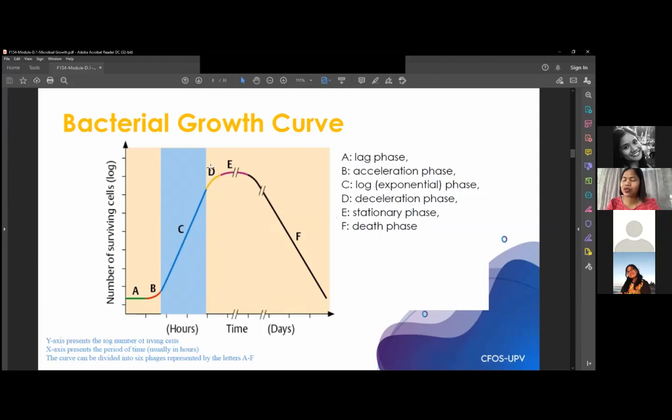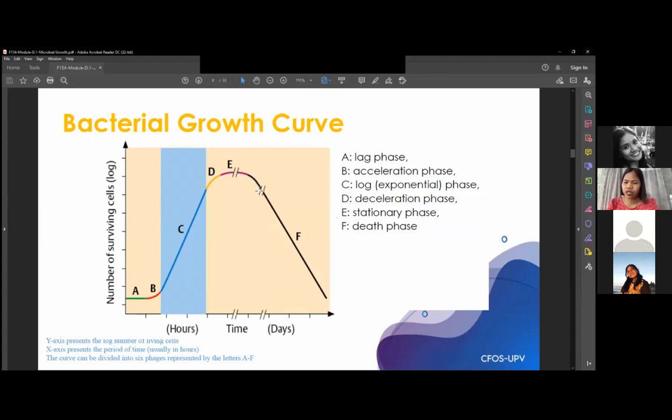So there is still a net growth, but some of the microorganisms are already starting to die. And yung E na graph natin, that's the stationary phase, wherein there is no net growth anymore. Balance yung cell division and death. So balance yung nabubuong new cells and yung namamatay na cells.